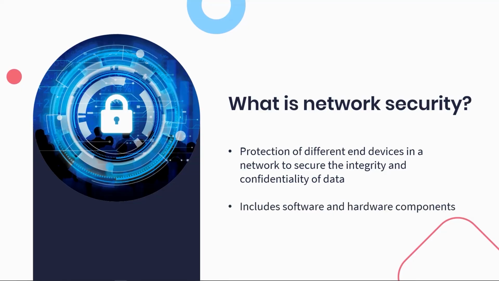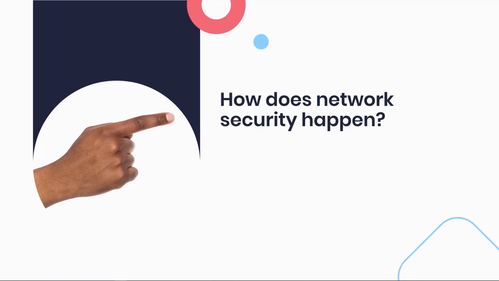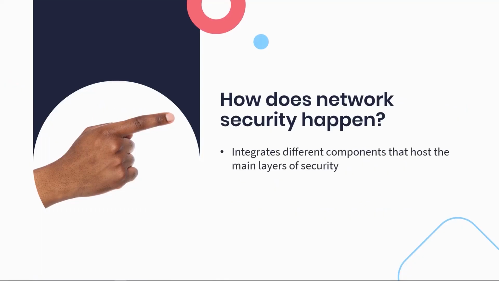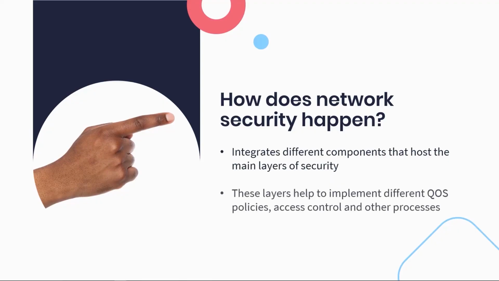In big organizations, very high security standards have to be set because technology is constantly improving, and threat actors are continually finding new ways to breach security measures. Network security integrates the different components that host the main layers of security. These layers help to implement different QoS policies, access control, and other processes to build up a strong defense against threat actors who are lurking to exploit vulnerabilities on the network.